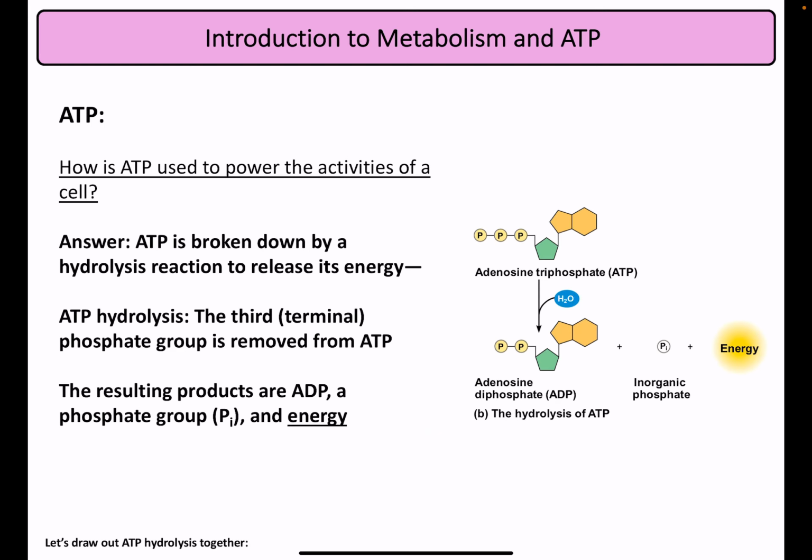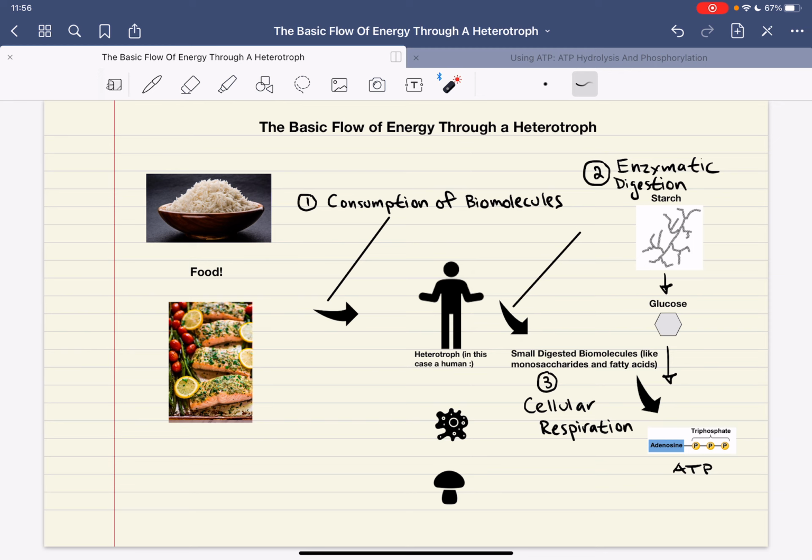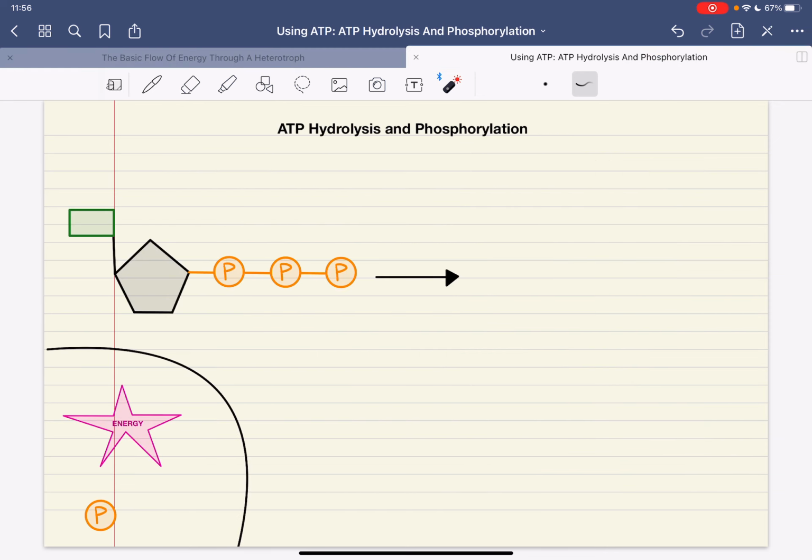Our next question is, how do we use ATP to power the activities of a cell? So we're going to show this by using a drawing. And to use ATP, you do a simple chemical reaction called ATP hydrolysis.